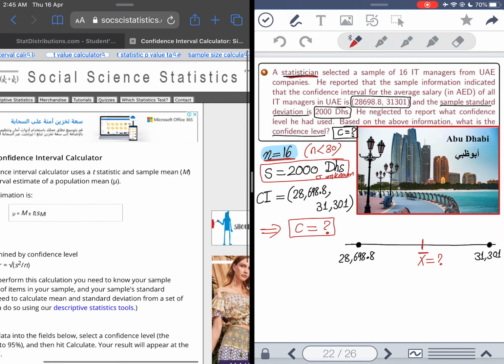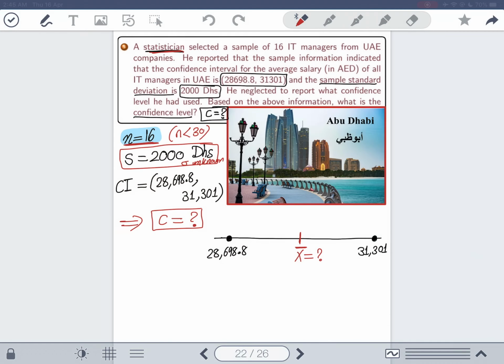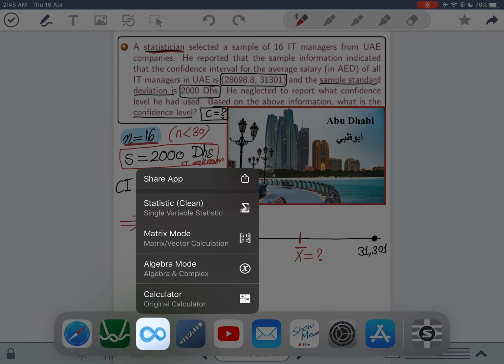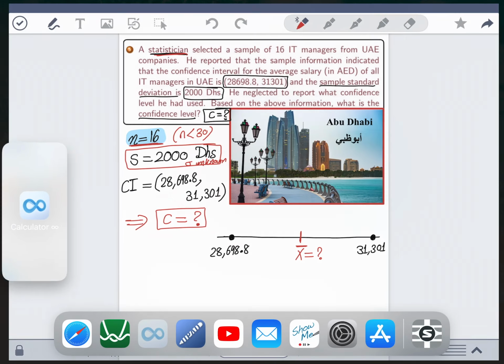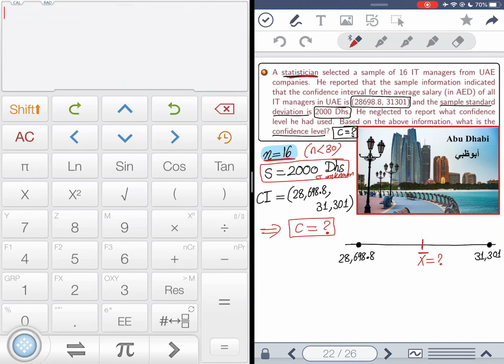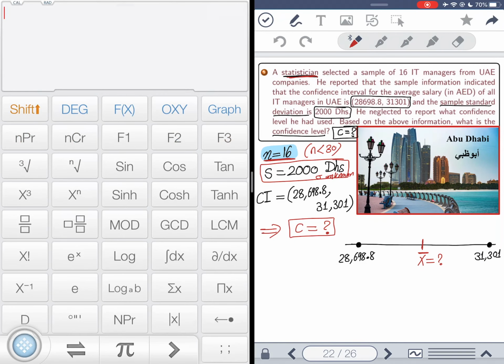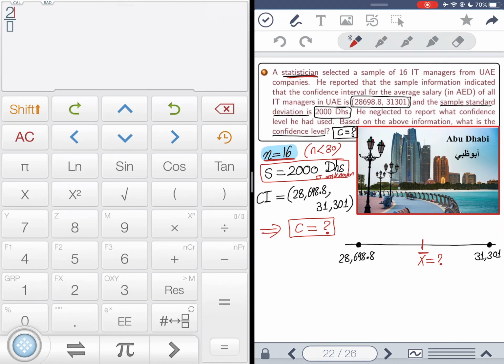Okay, so no, it's not this. We need the calculator. So let's put the calculator up. And what is it? Yeah, we need a fraction. And then 28,698.8 plus 31,301. Yeah, it seems like they're hard numbers.